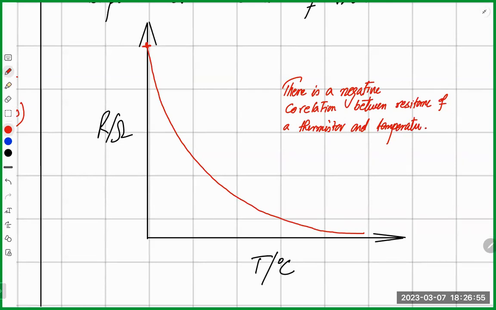So when we increase temperature, resistance decreases, and it is not an inverse proportional relationship, it is a negative correlation.